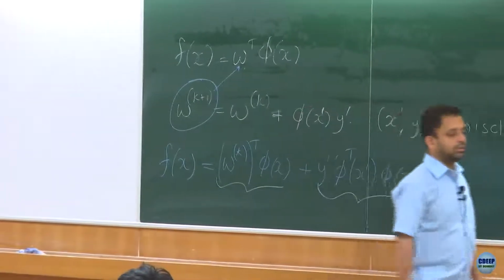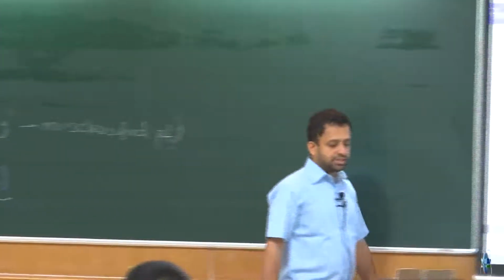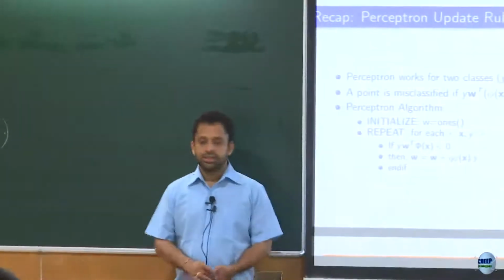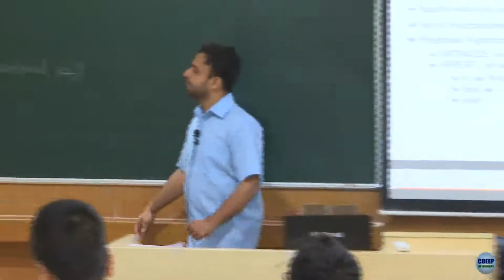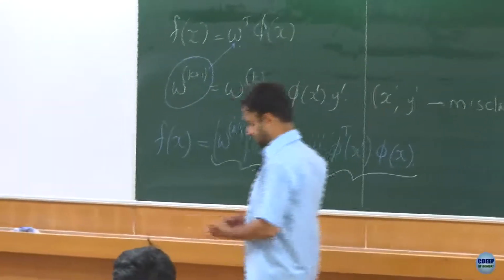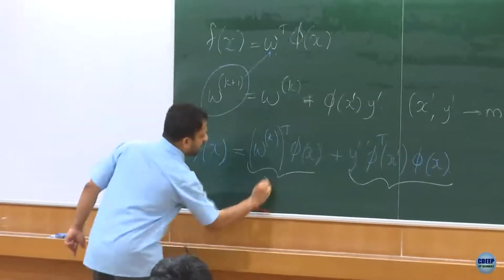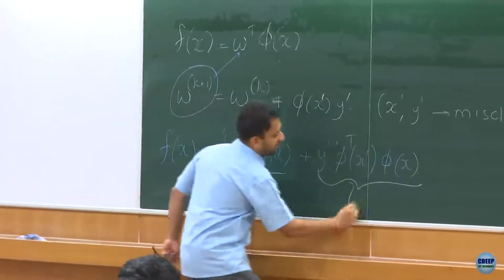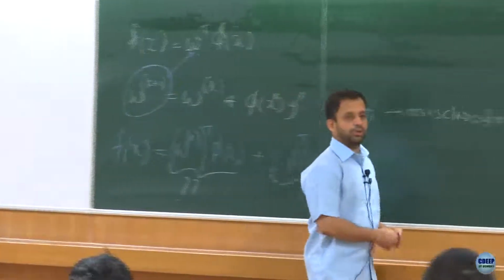So I want you to list down observations about each of these two components. What do you observe? What do you observe about this component? What do you observe about the second component?